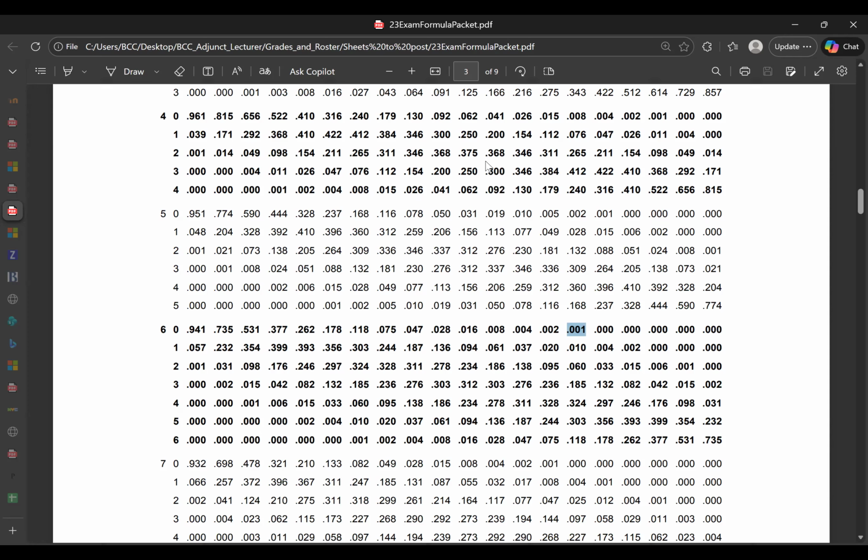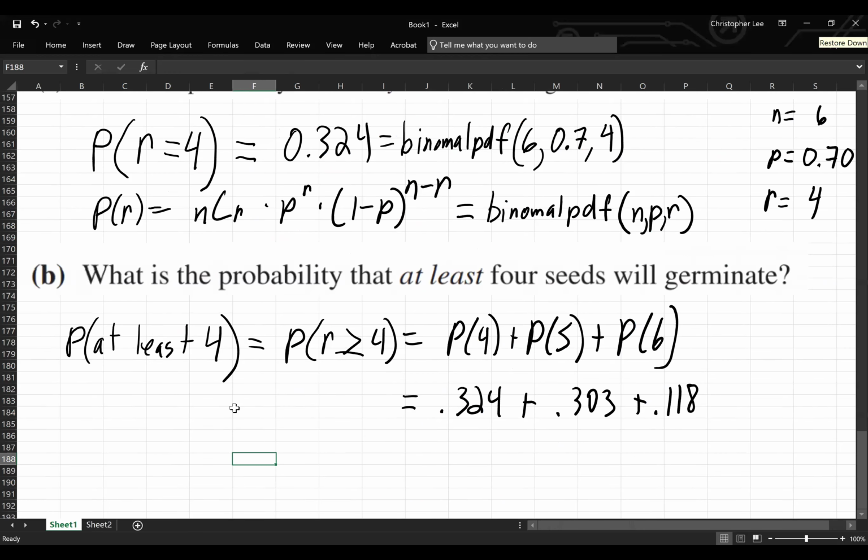Well, that answer will be the whole thing, right? When you add those 3 numbers together, that's the answer. 0.5. Is that what you got? All right.